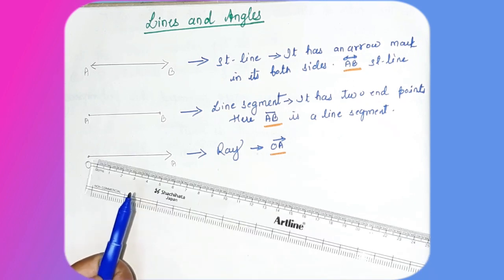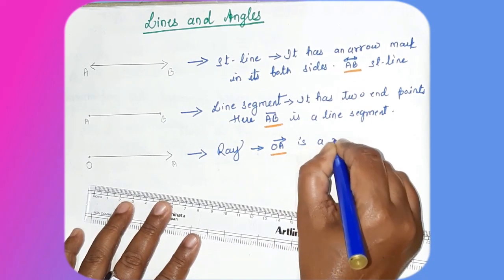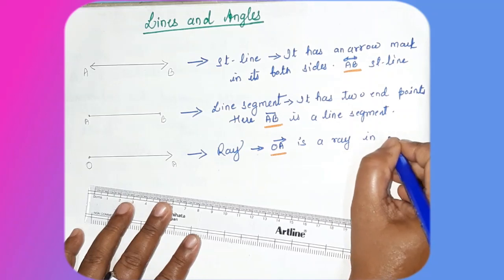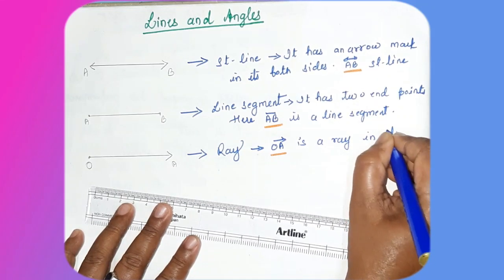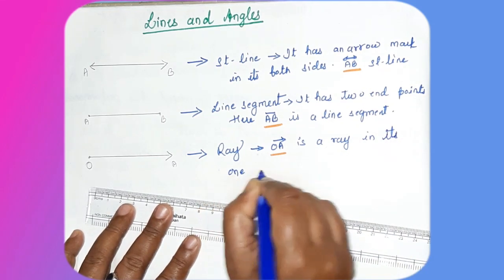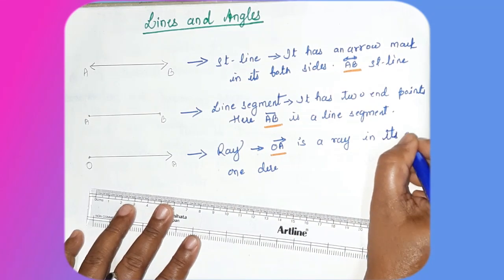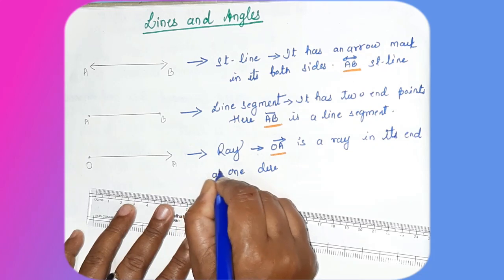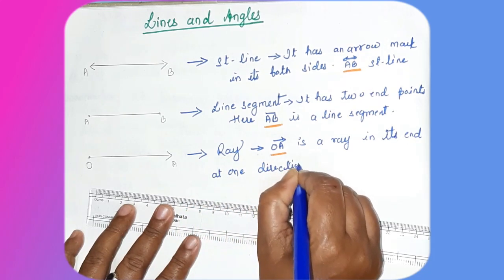Here OA is a ray, in its one direction, at one end.